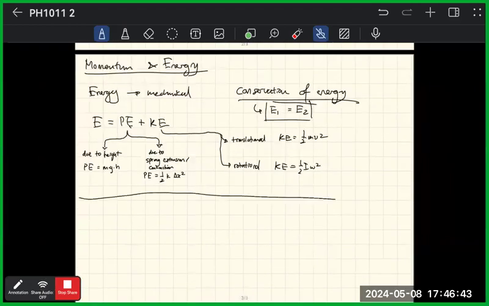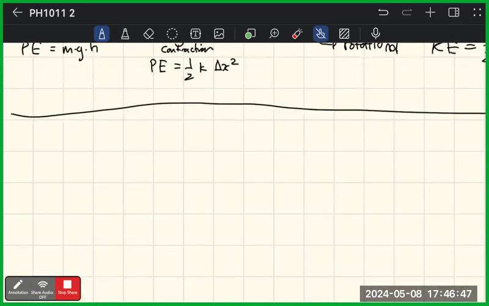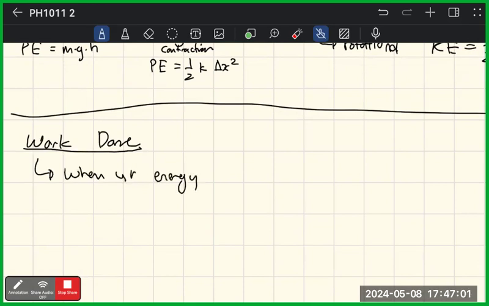There is another kind of question which we will deal with, which is when you have a work done. Usually work done arises when your energy does not conserve.